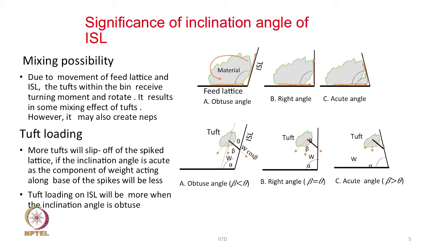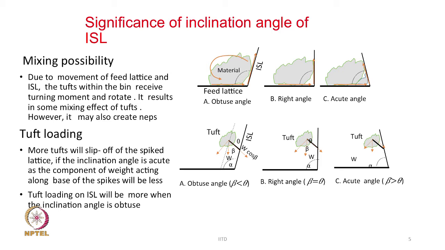So, if the angle is obtuse, obviously more and more tufts will be carried forward. We have to think of a certain level of production, and therefore we have to see that there is the right amount of loading of the spike lattice, and that loading factor depends upon the inclination angle of the spike lattice.